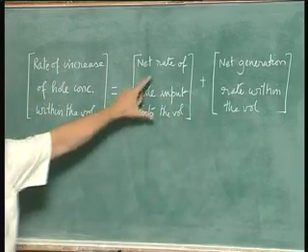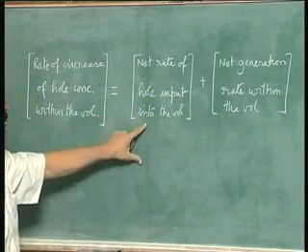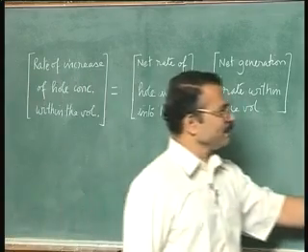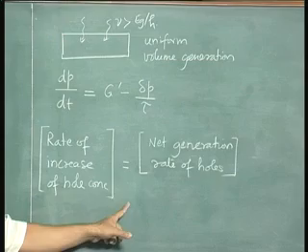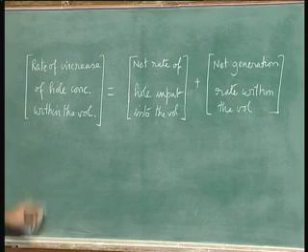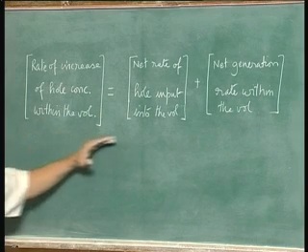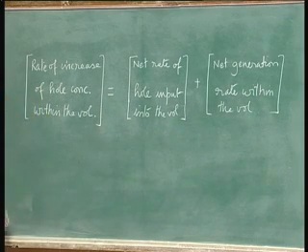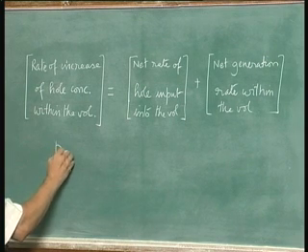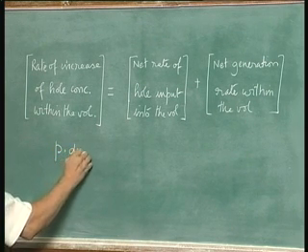So this is the additional term that is coming in here, as compared to the situation that we described here where there was no movement of the carriers. So we can translate similarly this particular statement into an equation as follows. The rate of increase of hole concentration within the volume can be written as P into dx into 1.